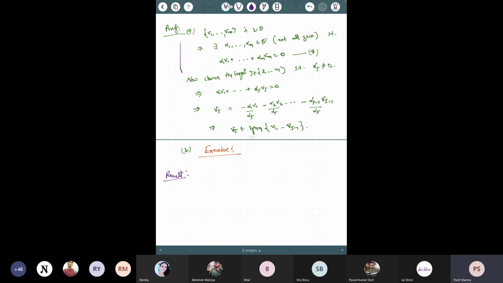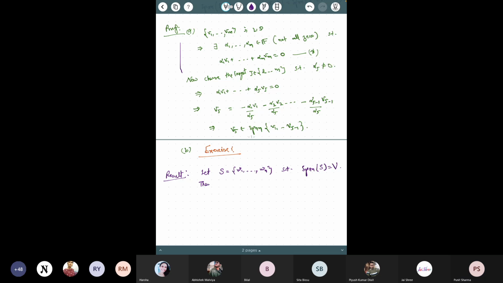Okay, so let us move to the next result. What I'm saying in the next result is the following. Let's say we have a set S containing the vectors W1 to Wn, such that span of S is equal to V. That means we have a vector space V and a finite spanning set, whose elements we call W1 to Wn.